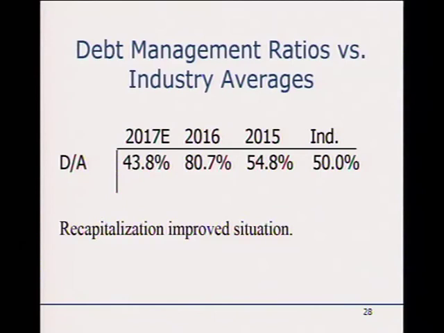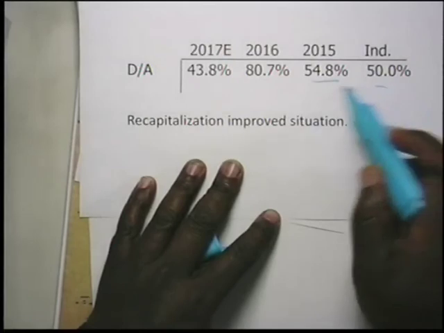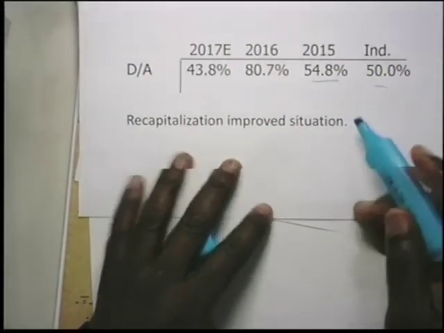It means the rest of our players in the same industry are maintaining their liabilities at half the worth of their assets. But we were slightly above in 2015, but it's not really bad, because we are only above the industry average by 4.8%.